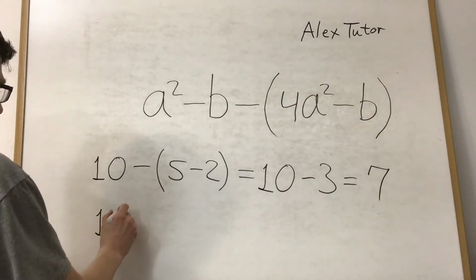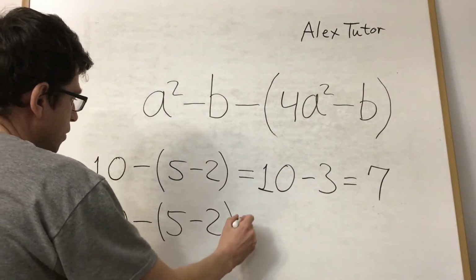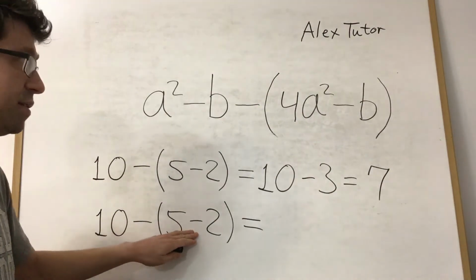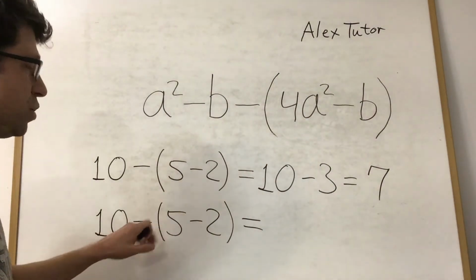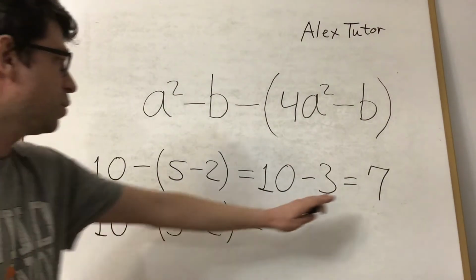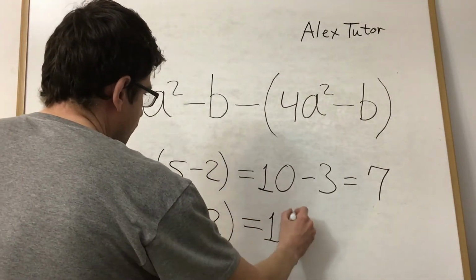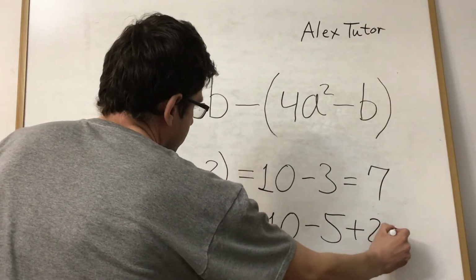Now, let me give you the same example, but let me tell you, now I cannot do what's inside parentheses. Just like here, I cannot do parentheses first. I need to get rid of parentheses. So, what should I do to get the same answer? 10 minus 5 plus 2.